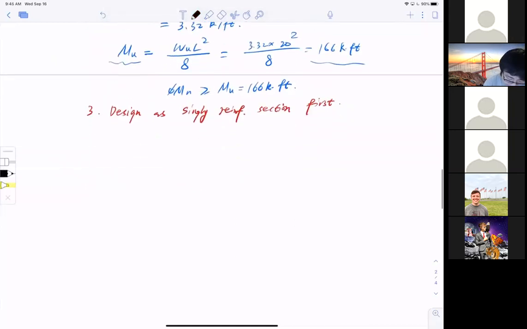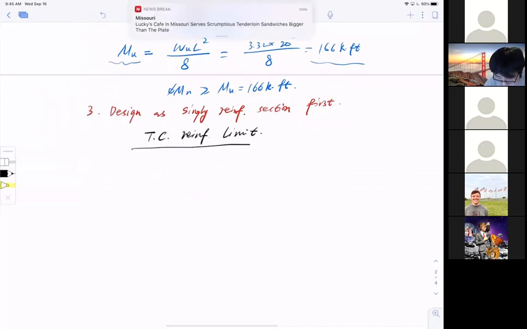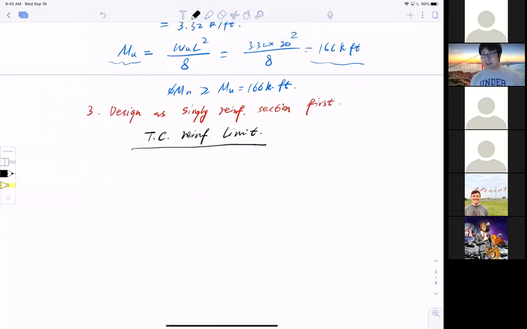There's a tension-controlled reinforcement limit. That is the reinforcement ratio, defined as rho equals As divided by bd.